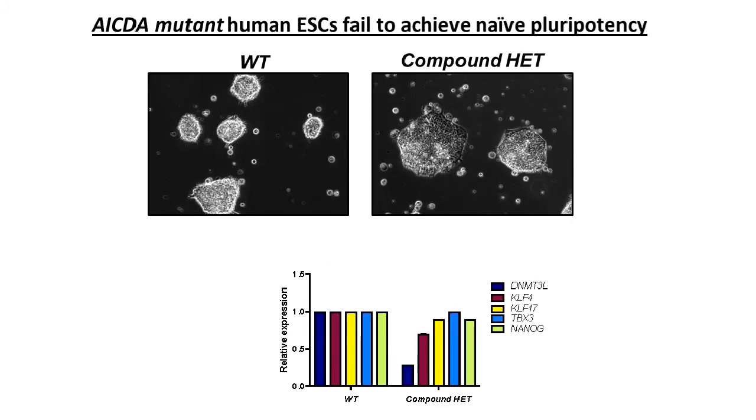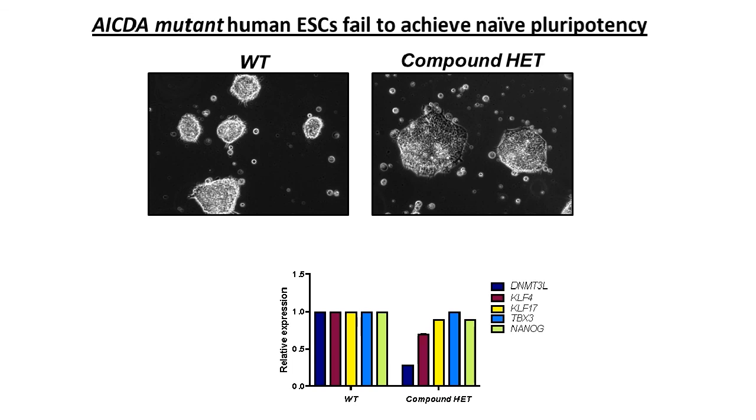And more interestingly, when I cultured the AID mutant in this media, I observed that they don't look like the wild-type cells, as you can see on the left-hand side. The wild-type cells are more compact and have more dome-shaped colonies, whereas the compound heterozygous clone, which is a mutant for AID, has more flat colonies.